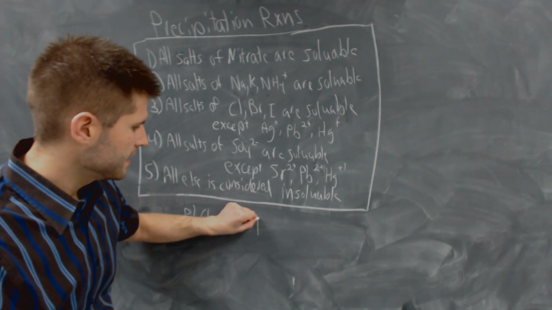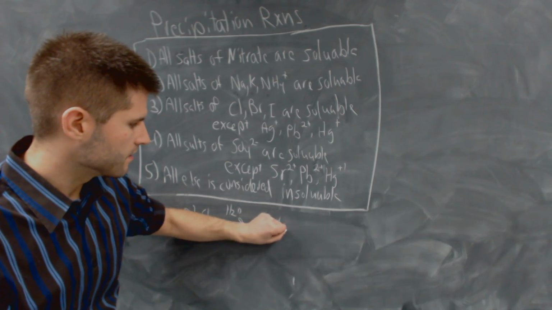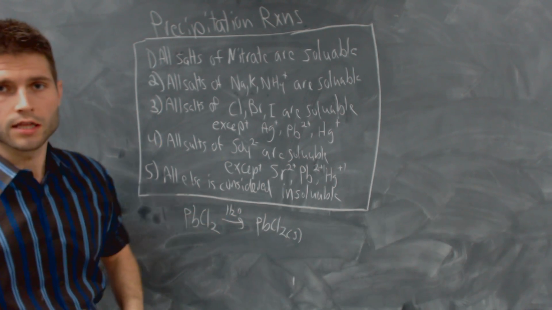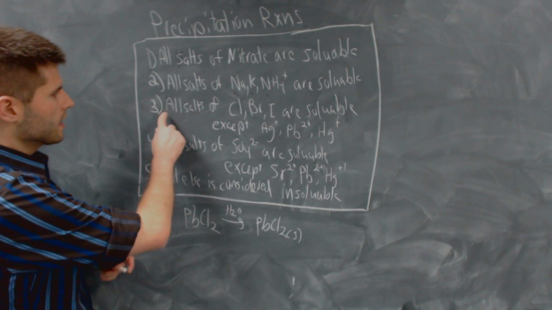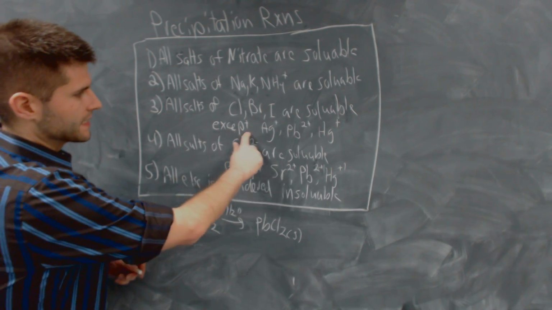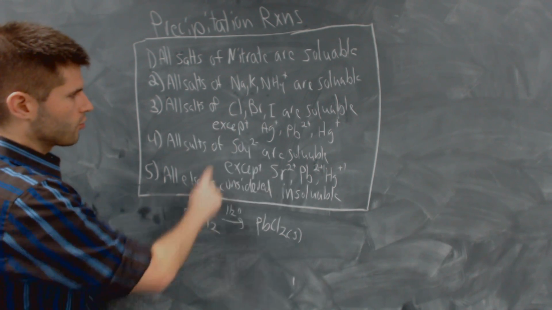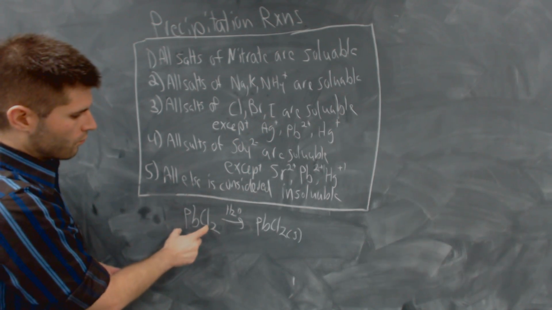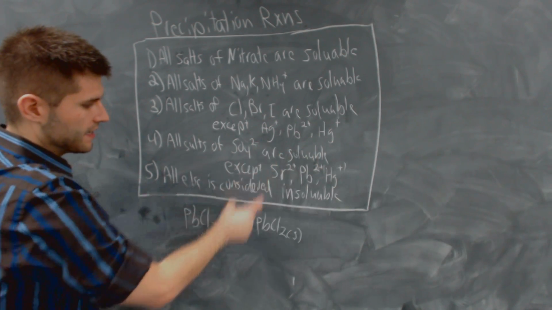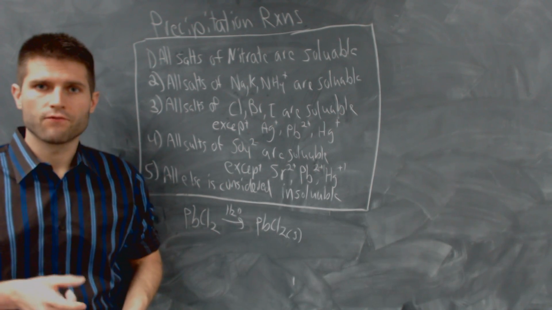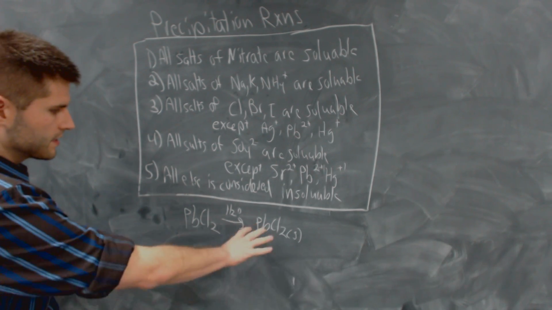I'm still going to get PbCl2 in its solid form. So that is what it means by except. If you have the chlorine, the bromine, or the iodine bonded to any of these 3, they will remain as their solid form in solution. So this is the except.